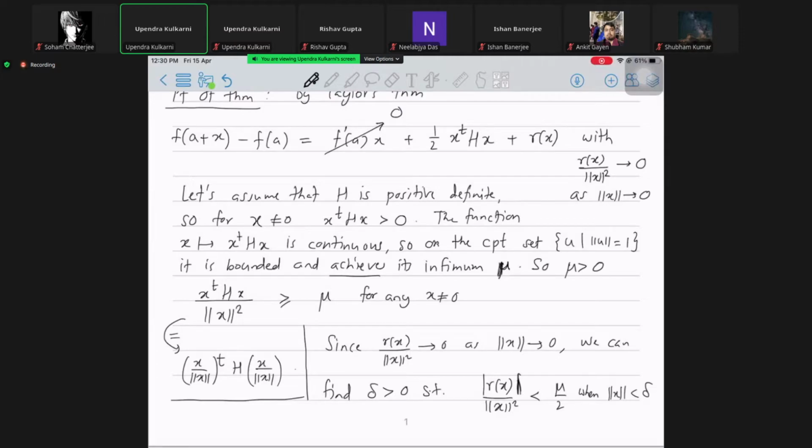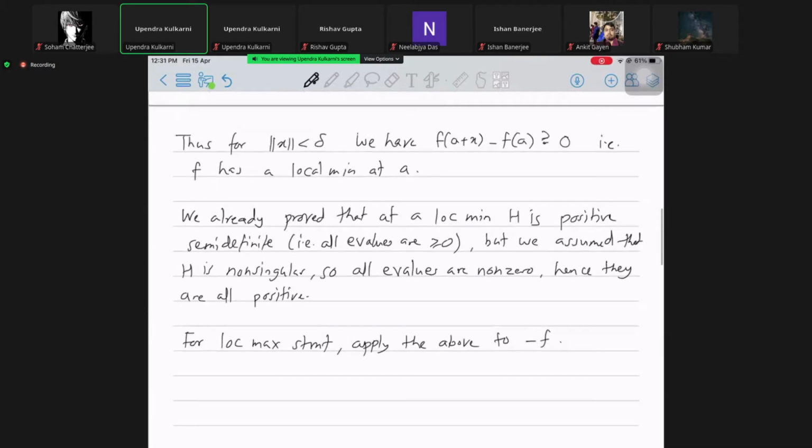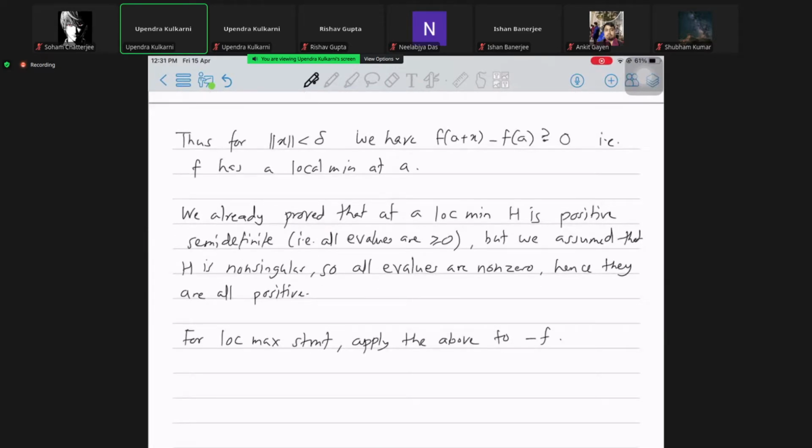Why is it that in case of a local maximum, or let's just say a local minimum, what was the reason for this statement? So why was this the case? We already proved that. Can you tell me why?